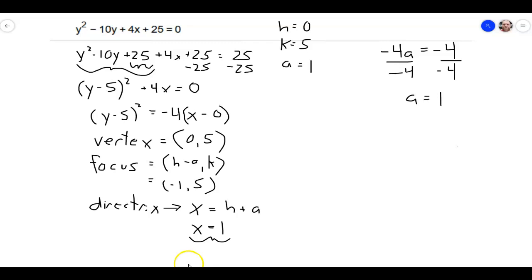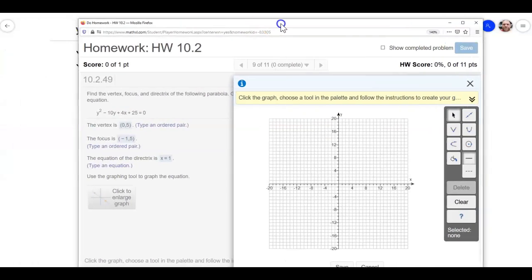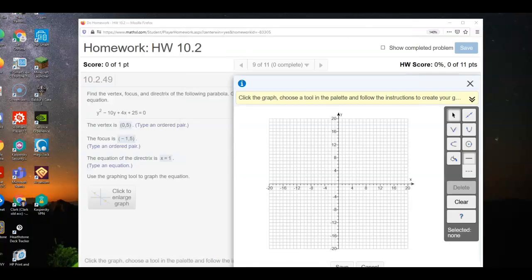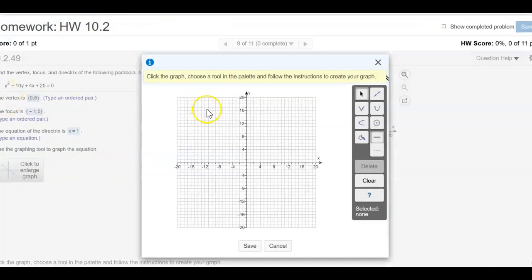So I thought I would go ahead and actually pull over my MATLAB tool to do that. All right, so here it is. How do we do it? Really, we need the vertex, and we also need one other point.